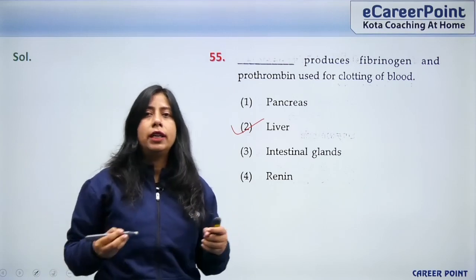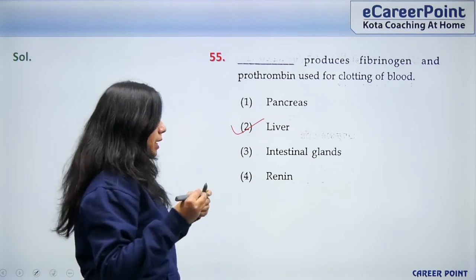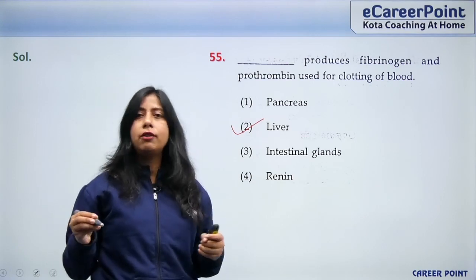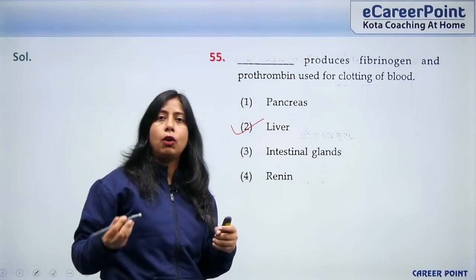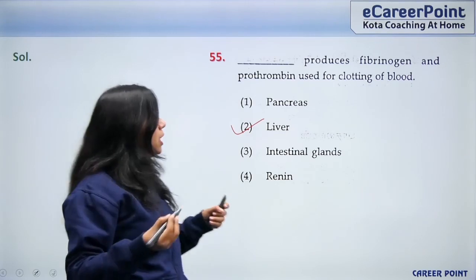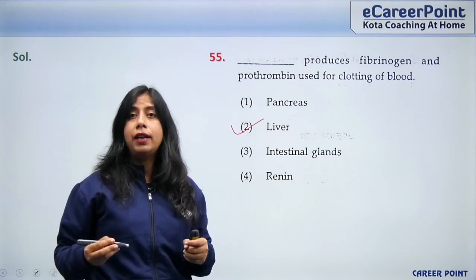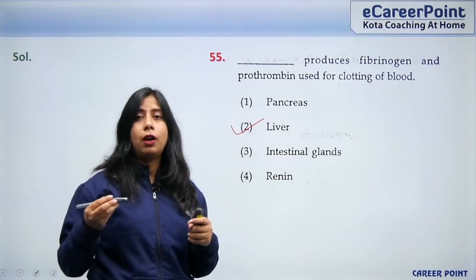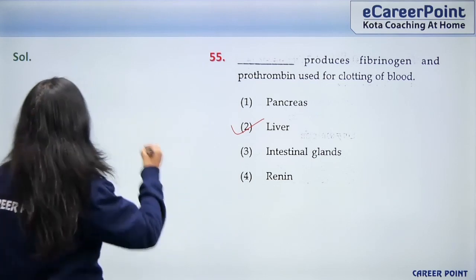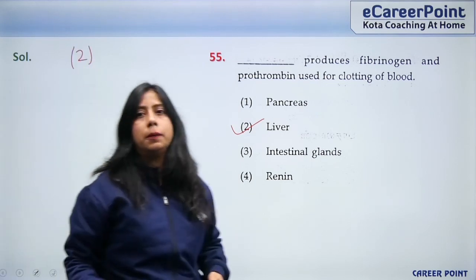It is involved in the process of digestion or it produces hormone. Intestinal glands are totally involved in the process of digestion. Renin, if you are talking about them, it's an enzyme. So here if we say liver is the organ where fibrinogen and prothrombin are produced, which are required for the clotting of blood, option number 2 is the right answer.